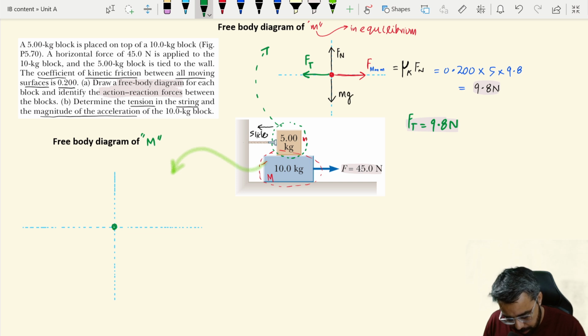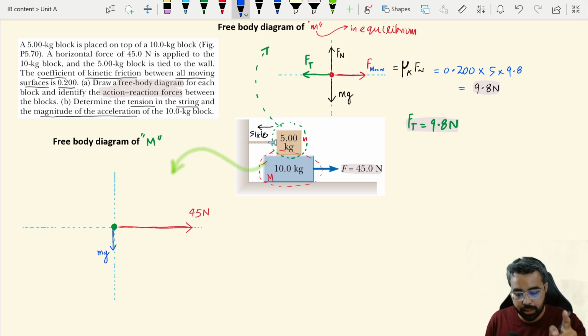So this is the mass, and first of all, we will draw this larger force exerted on this block, that is 45 Newton, as you see also in the question, which is actually accelerating. And what are the other forces? The one force that I must draw here downward is mg, right?